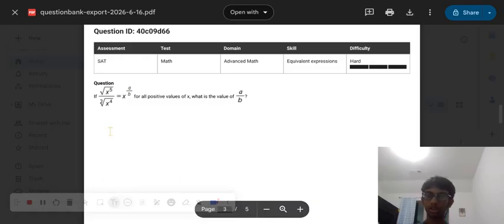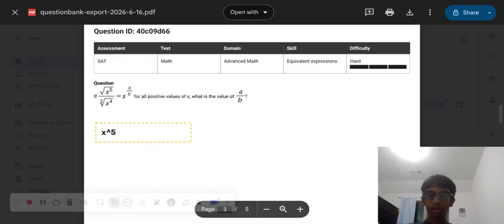So what we do in this problem is first we turn all our radicals into exponents in terms of fractions. So x to the 5th, and we're square rooting that. Square root means to take x to the 1/2.